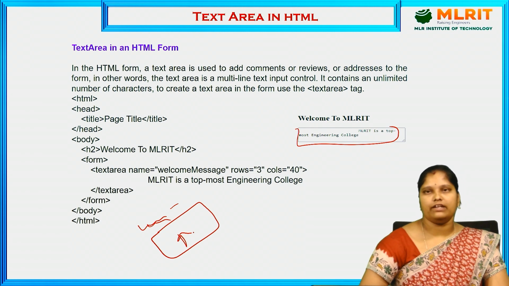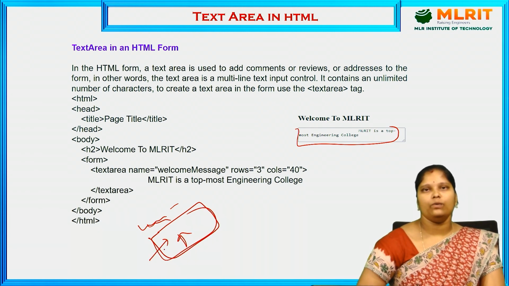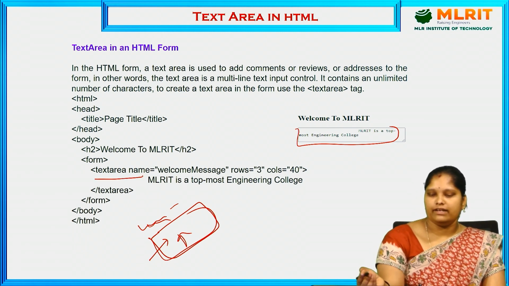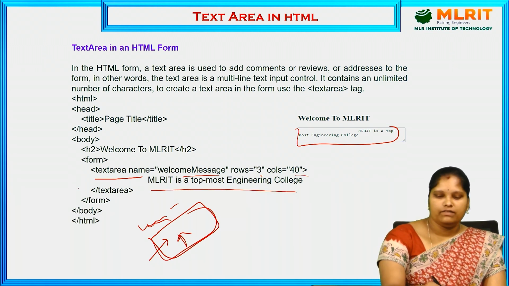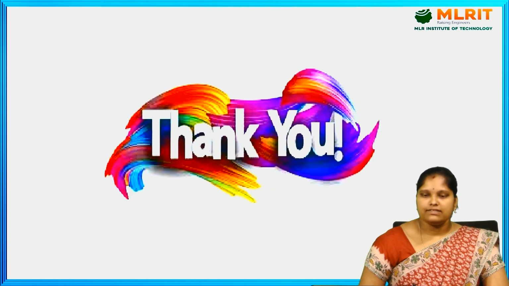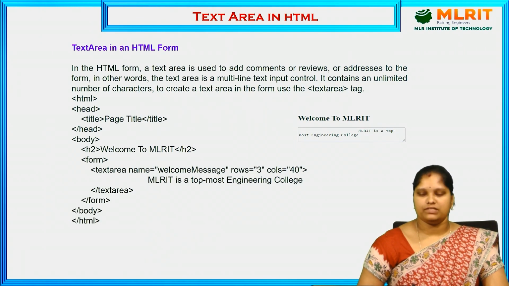Like this, text area leaves some space within which we give some text. For the text area, there are name, rows and columns. For that, we need to use textarea. This is also one element of forms.